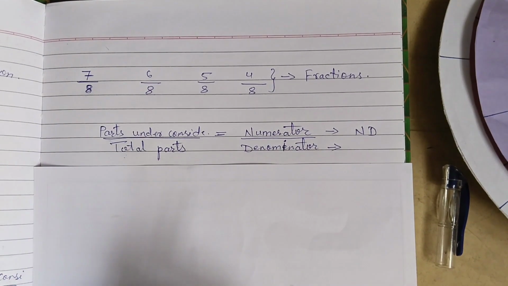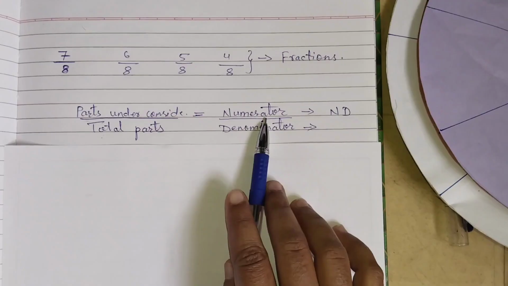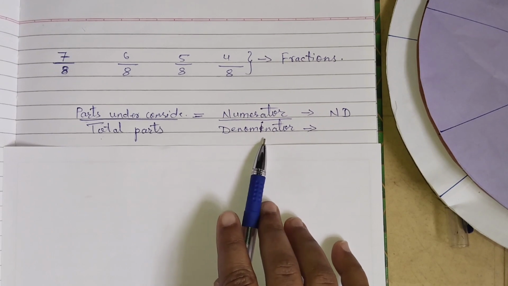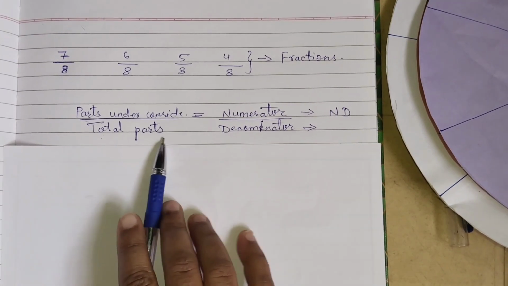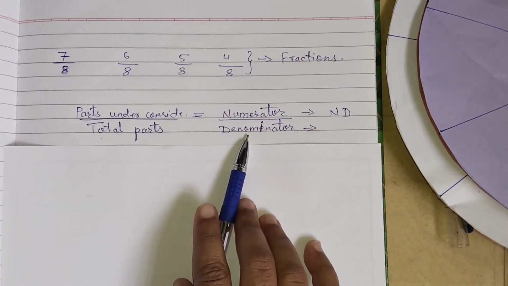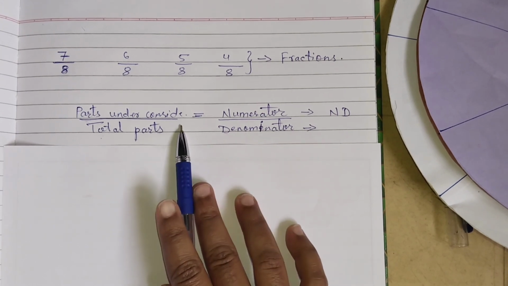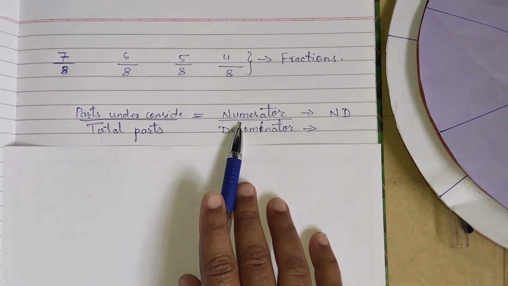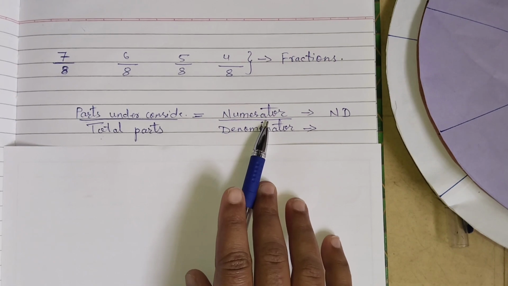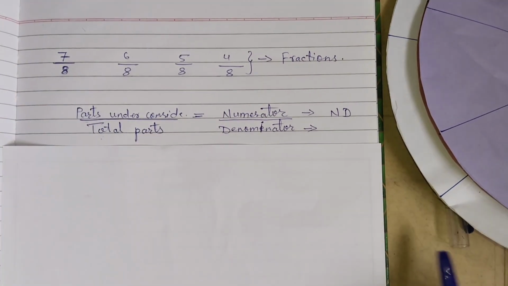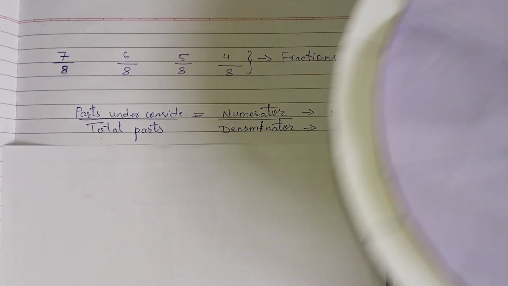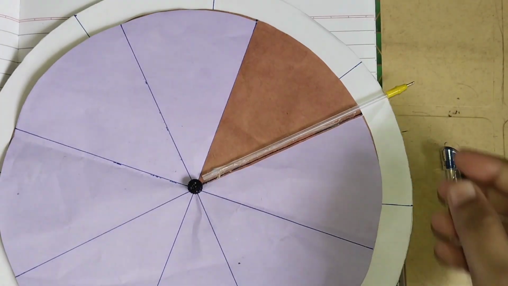Whatever part you are going to consider is written first, as the numerator, and then the denominator. So the total parts we call the denominator, and the parts under consideration we call the numerator.